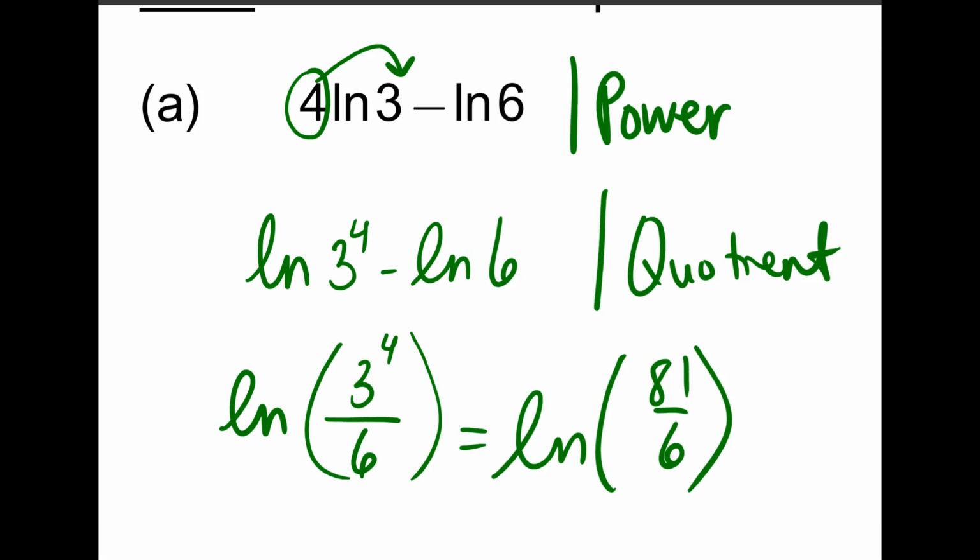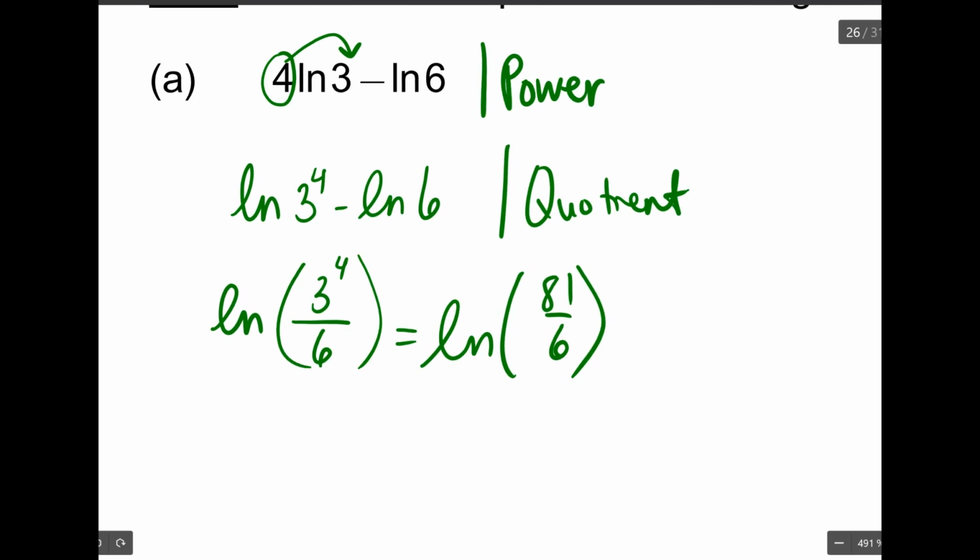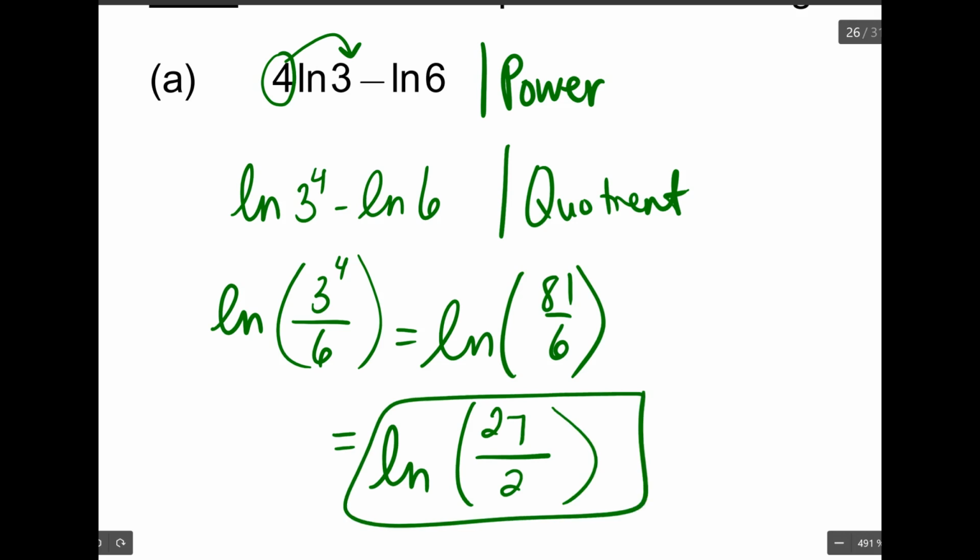Can I simplify this at all? Is there a common term that goes into 6 and 81? Yeah, 3. So 81 divided by 3 is 27. 6 divided by 3 is 2, and that's it.